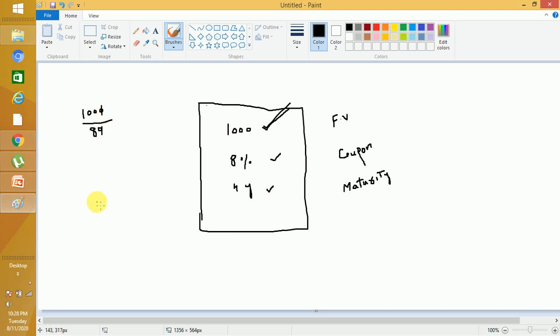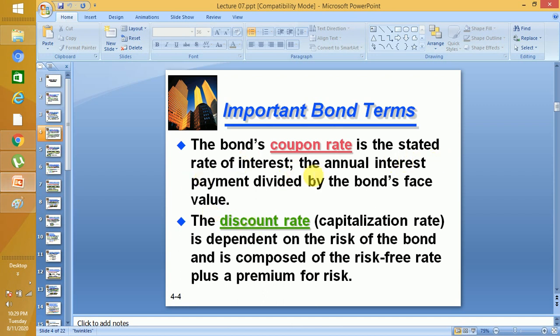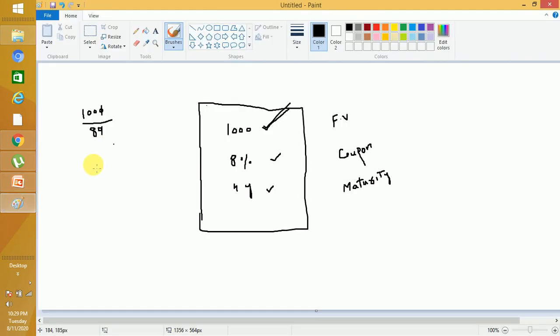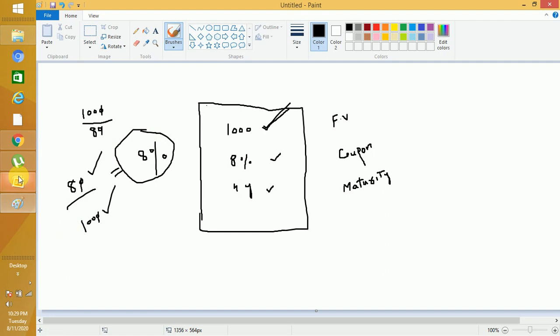So it is 80 divided by 1,000. This is the annual interest payment and this is the bond's face value. So this will cancel out, 8 divided by 100, it will become 8%. So this 8% is basically called the coupon rate.